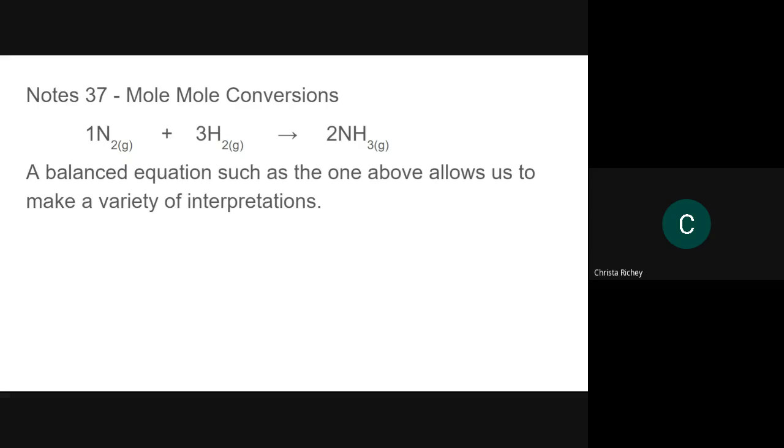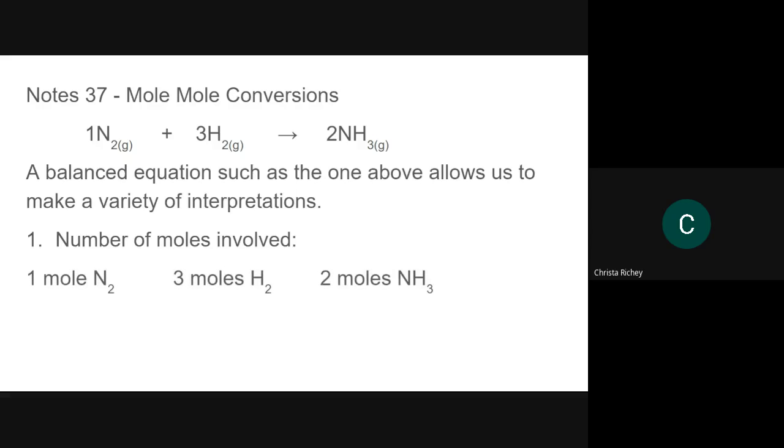This is the thing that lets you switch between them. You're going to have coefficients, and you may not have a 1 in front of your nitrogen. You may not, because I went back and added that in. Your coefficients are going to be whole numbers. They're not going to be fractions or decimals or anything like that.